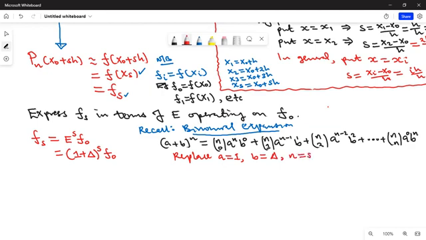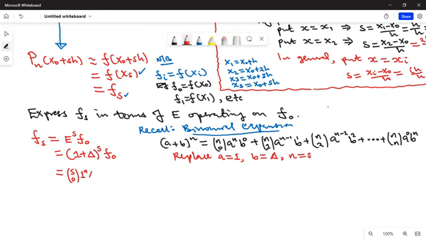Going back to our expansion, it can now be written as s combination 0, and that is 1 raised to n times b raised to 0, with f naught which I'll write outside the bracket, then plus, instead of b, we need to write delta because we are replacing.